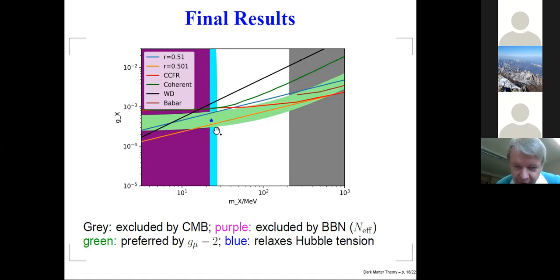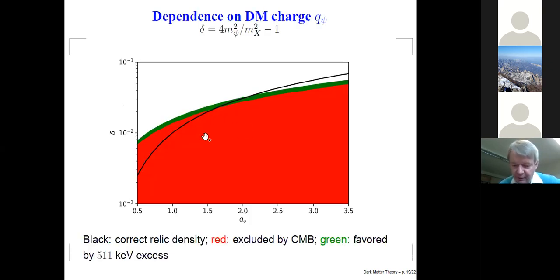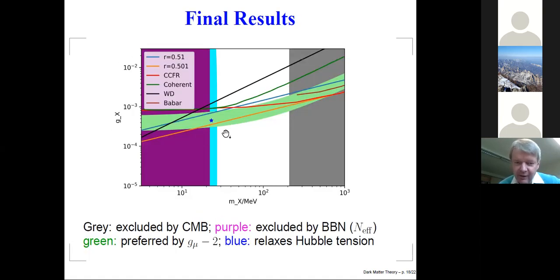Now, these various colored lines, first of all, the blue one and this orange one, these are lines giving you the right relic density for a dark matter charge of 1 and a mass which is 50.1% of the mass of the gauge boson. If you're closer to the pole, this orange line, you need smaller coupling, of course.